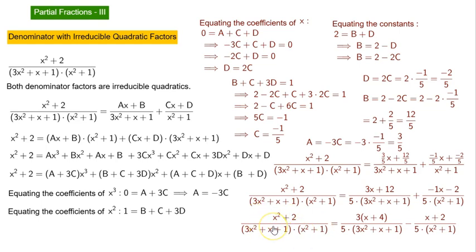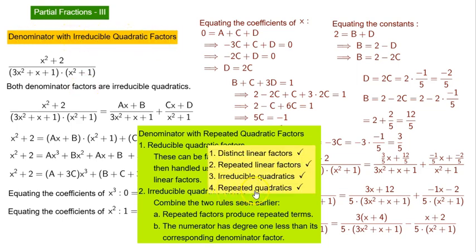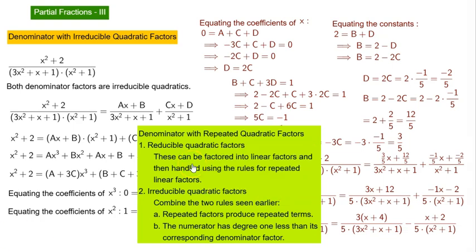Now, for the fourth case, denominator with repeated quadratic factors. Here what we saw was denominator with irreducible quadratic factors. The fourth is repeated quadratics. Those quadratics could be reducible or irreducible.